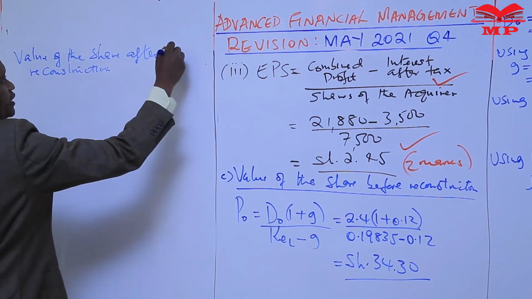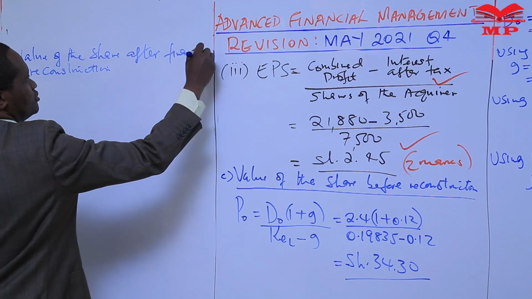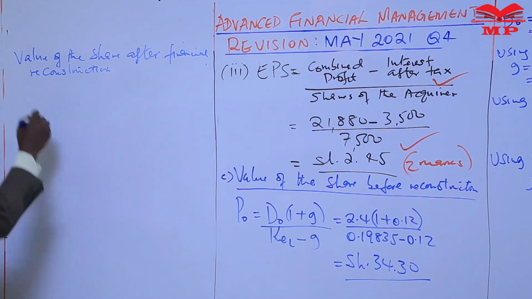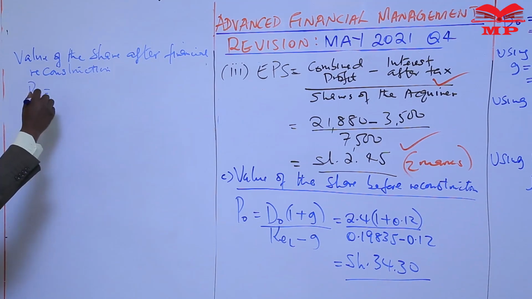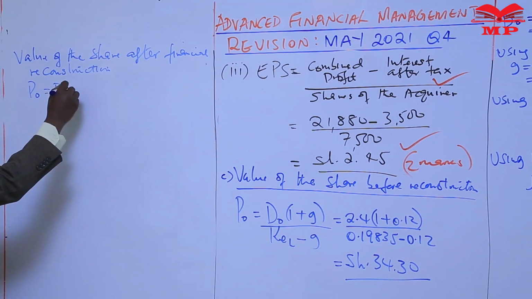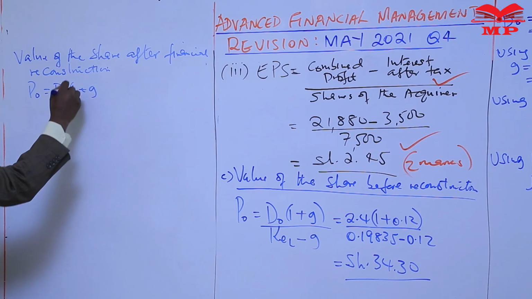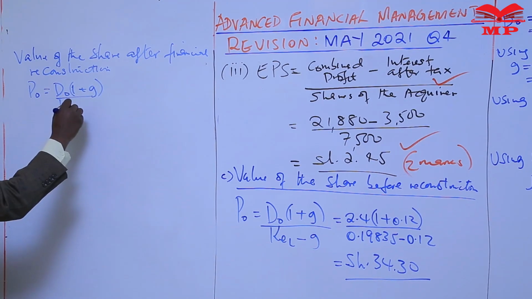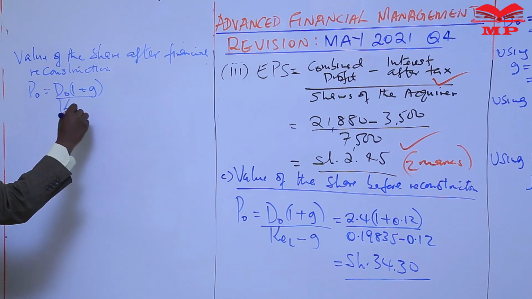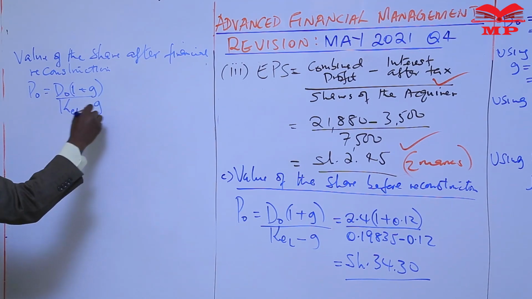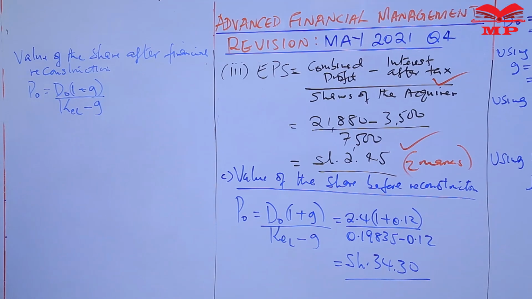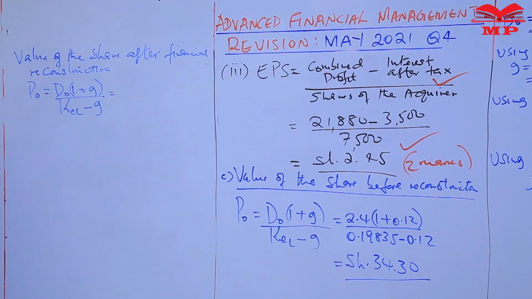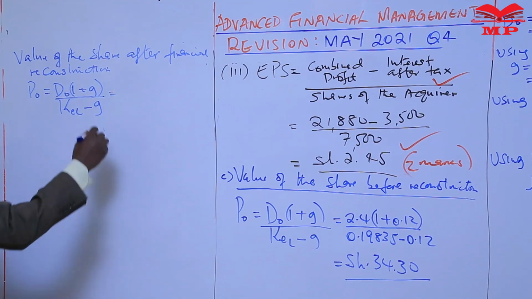This is financial reconstruction. The value of a share will be equal to P naught is equal to D naught times 1 plus G, divided by K E L minus G. So therefore, candidates, the dividend per share will remain 2.4.